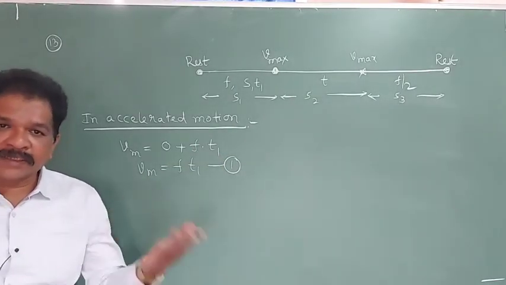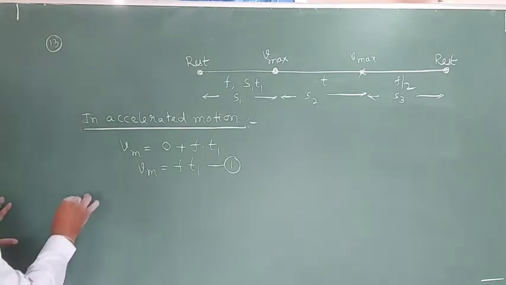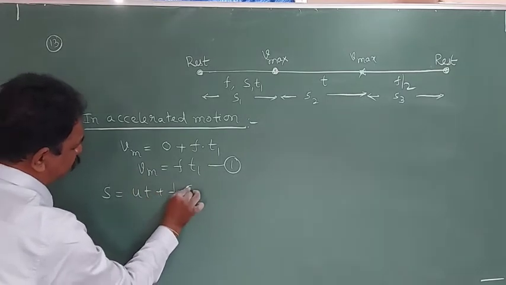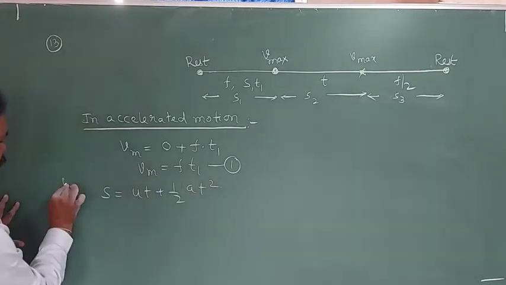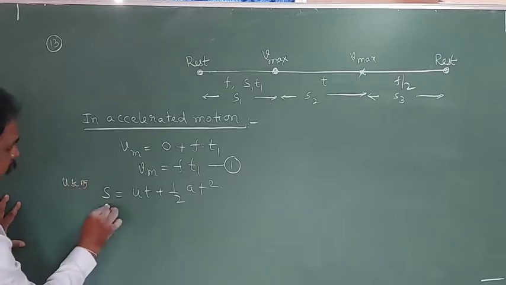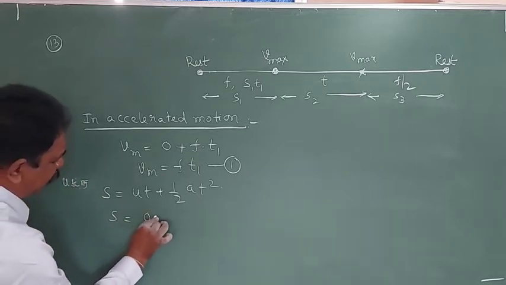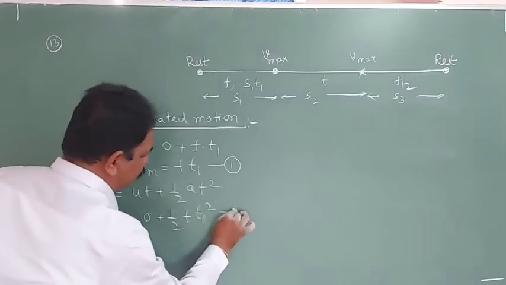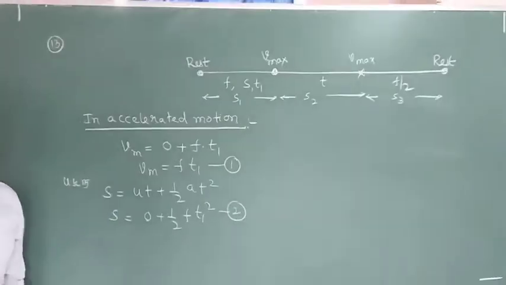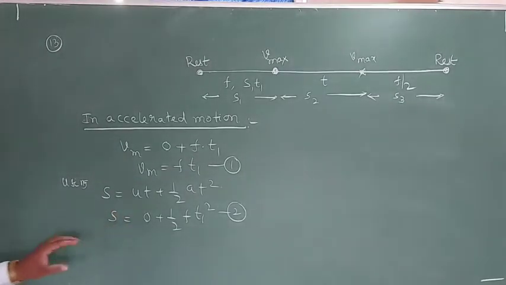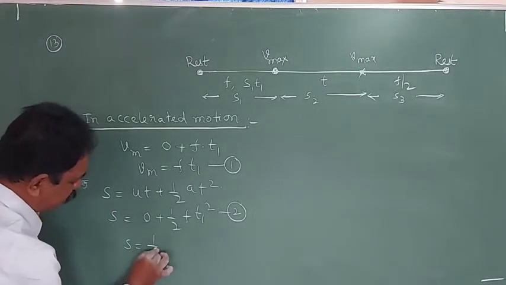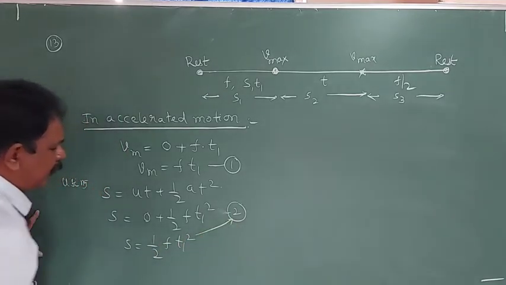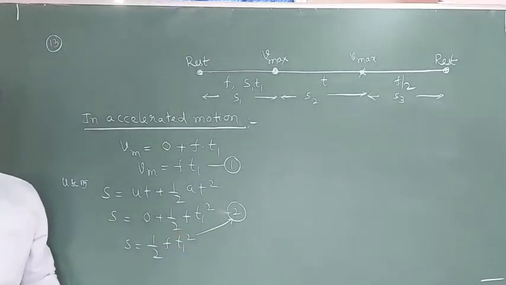We'll use s is equal to ut plus half at square. This is s only, u value 0. So s is equal to 1 by 2 ft1 square. Consider this as second equation.